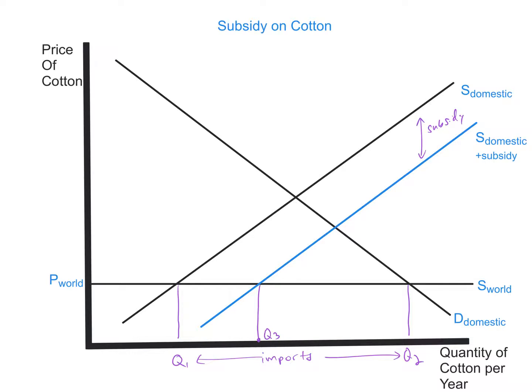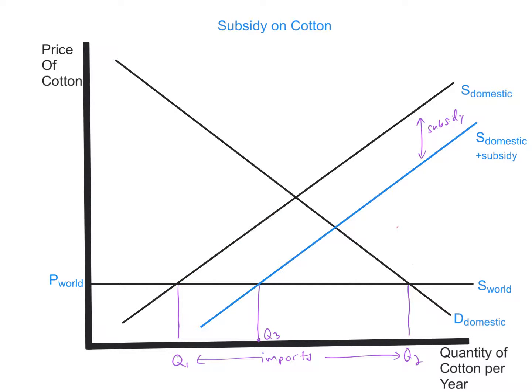We know from this diagram that the domestic supplier is getting paid the world price, and therefore they're making this much. But don't forget, all we're doing with a subsidy diagram is distorting the market, and we're giving them extra money to make them behave as if we are on their original supply curve.